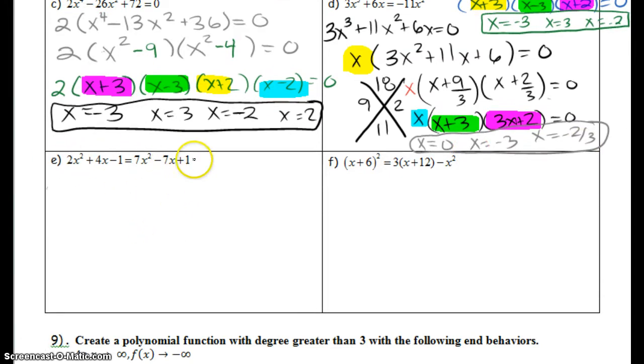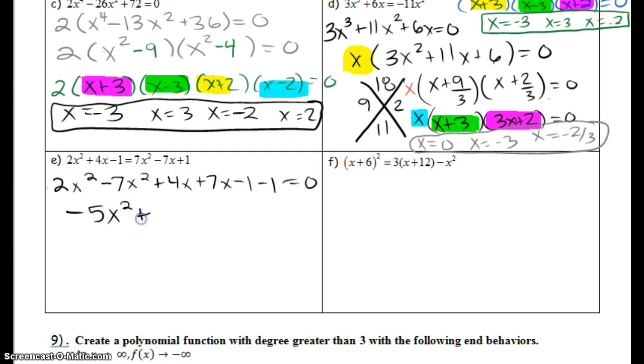All right, 2 more in solving. I got a lot going on here. Let's combine up all my like terms and get them all on the same side. So let's start by subtracting what's on the left. So I have 2x squared minus 7x squared plus 4x, bring this 7x over, minus 1, bring this 1 over, another minus 1. So I have negative 5x squared plus 11x minus 2 equals 0.